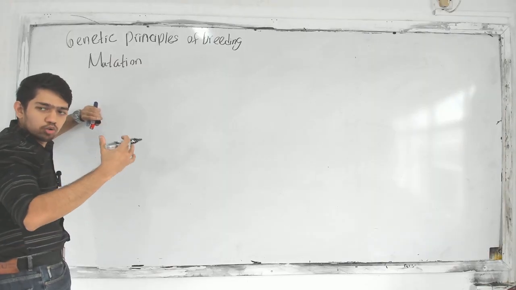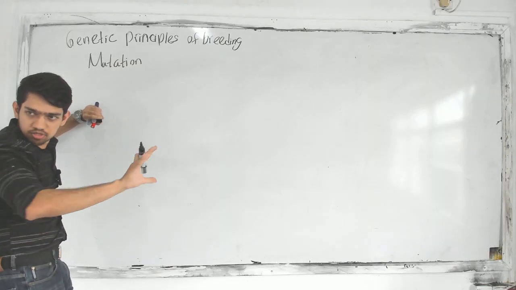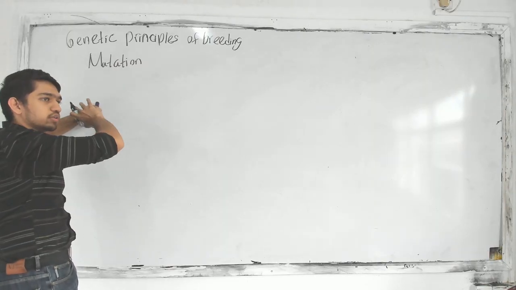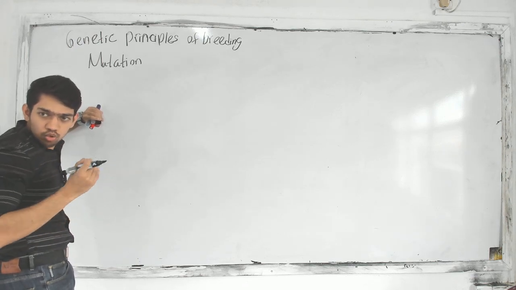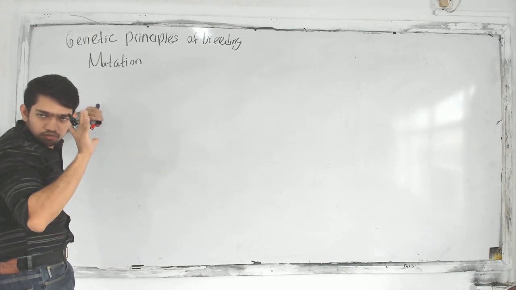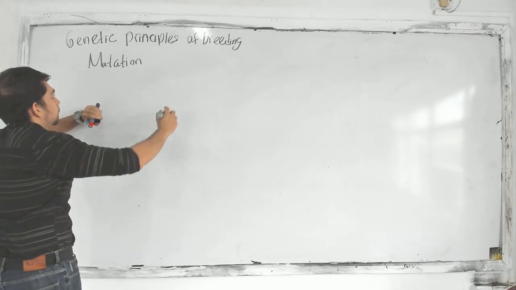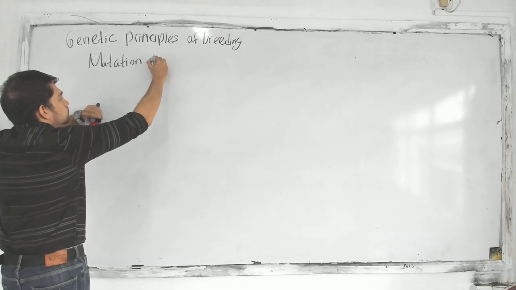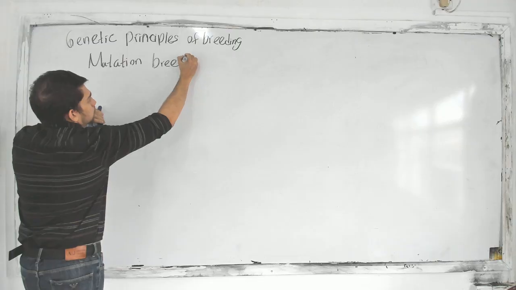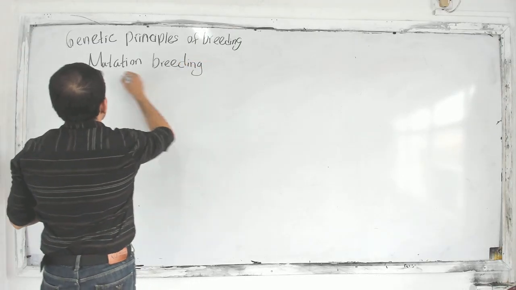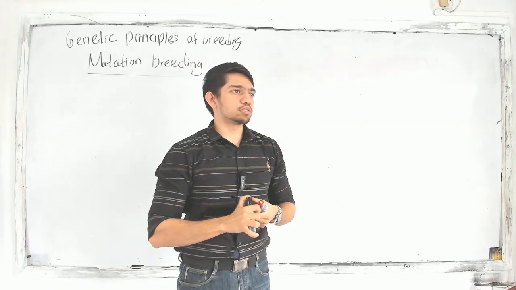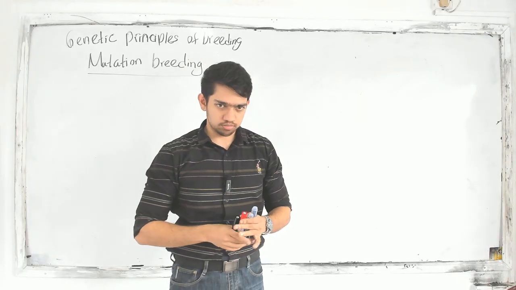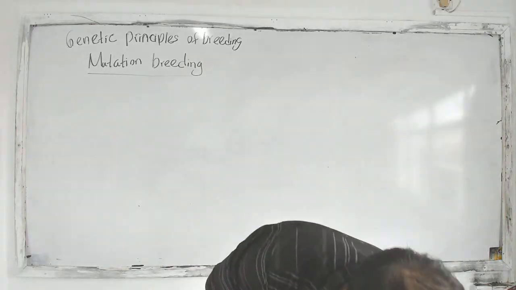Some sort of good and bad characters must be present within the population. If the entire population is exactly the same, how can you decide who you are choosing? You can't choose. First prerequisite is variation. So you do mutation breeding when you don't have enough variation. That's why you do mutation breeding, right?